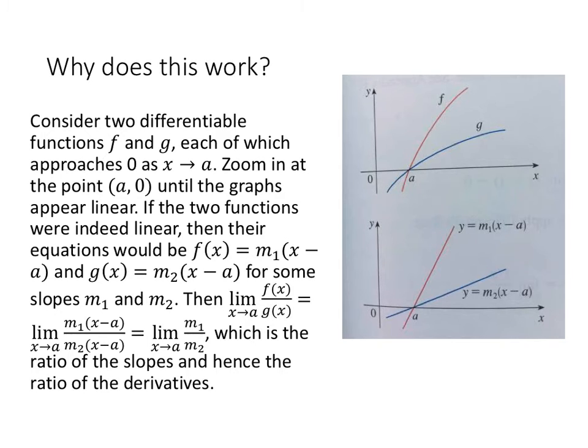And now when you take the quotient of those, the x minus a's cancel away, and what you're left with is m1 over m2. But remember, m1 and m2 are simply the derivatives of f and g respectively at x equals a. And that's how, in this instance, you pass from the limit of the quotient of f and g to the limit of the quotient of f prime and g prime.